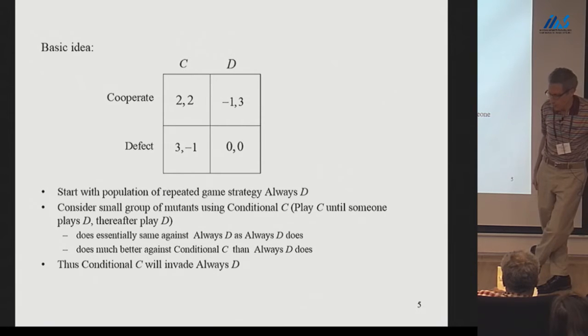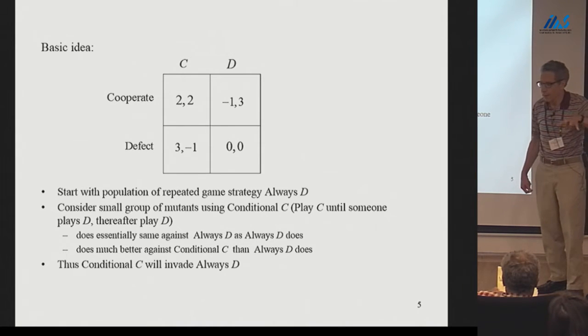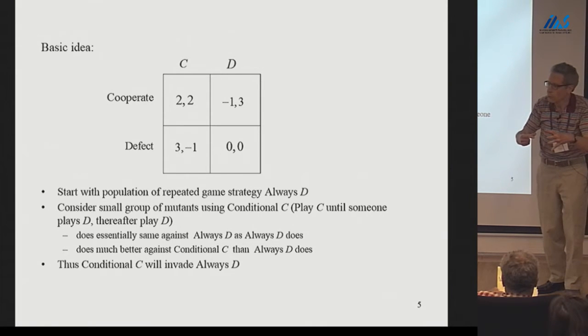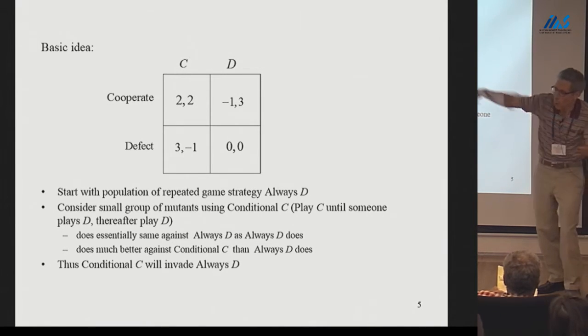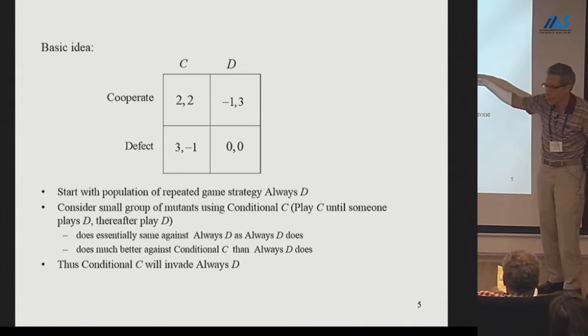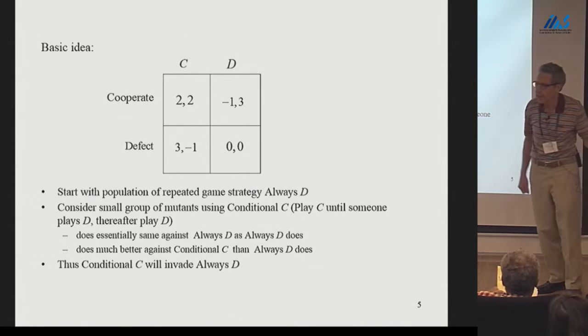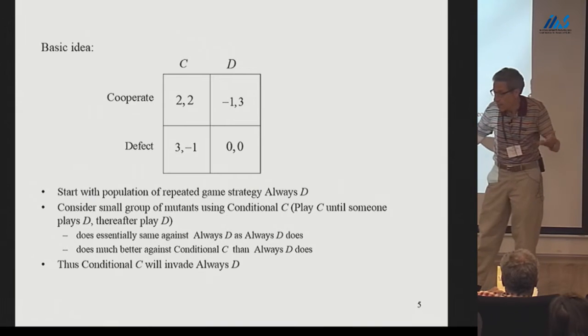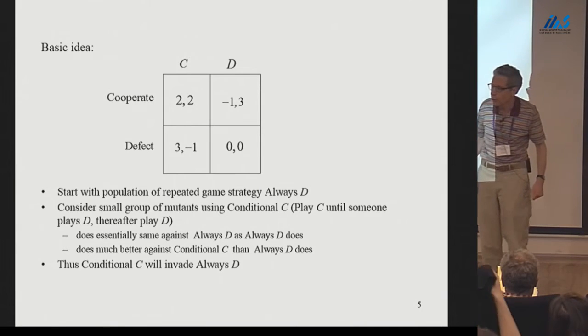One mutant won't work. Two mutants. You need a small group, and the way this works in biology is that you have two different groups who were previously isolated. One big, the always D. One small, connected up. That's actually the way it happens in cultural evolution too.